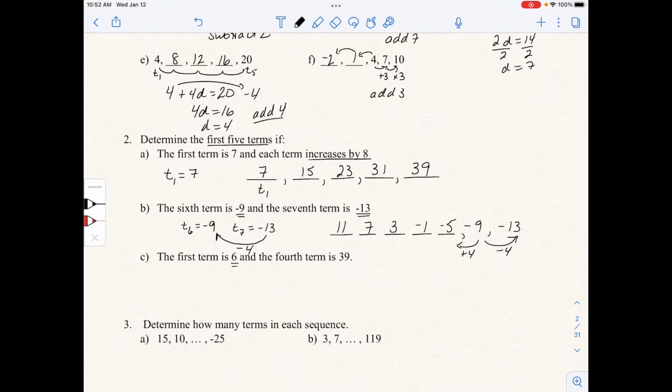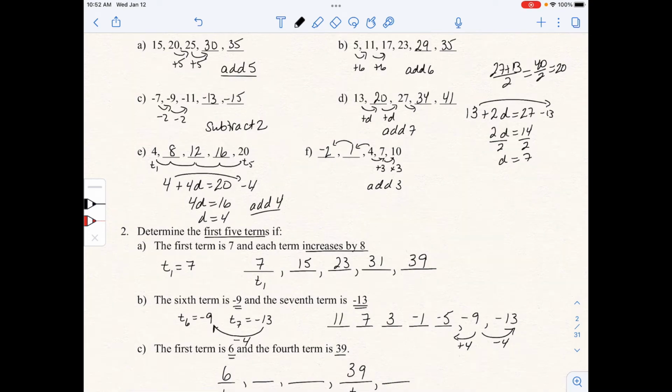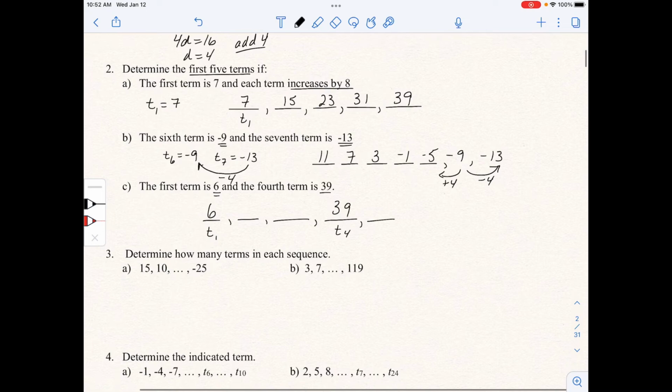Okay, the first term is 6 and the fourth term is 39. So what I would do here is really just write that out: T1, T2, T3, T4 is 39, and T5. Similar to what we have up here for question E. All right, so how many differences from term 1 to term 4?